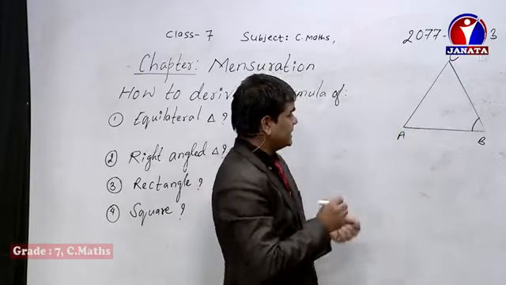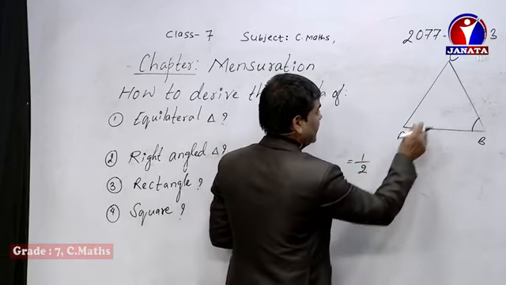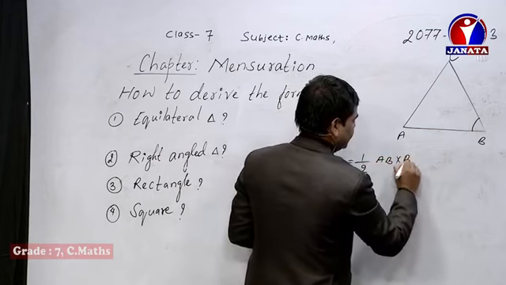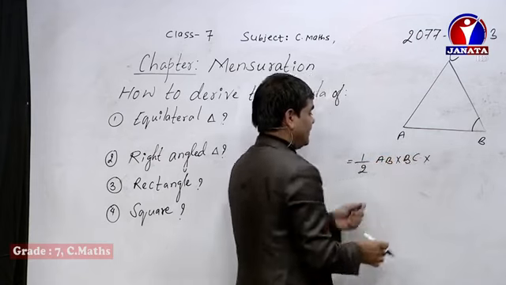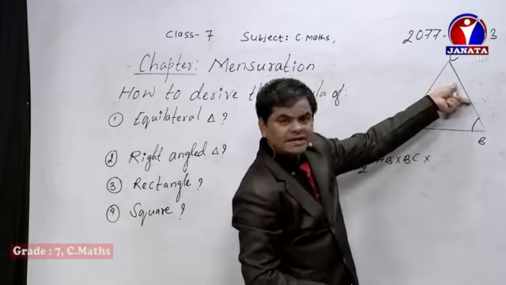Now, what is that basic formula? That basic formula is, dear students, you can write: 1/2 times AB into BC into the angle in between these two sides. AB means this side, isn't it? And BC means this one side.